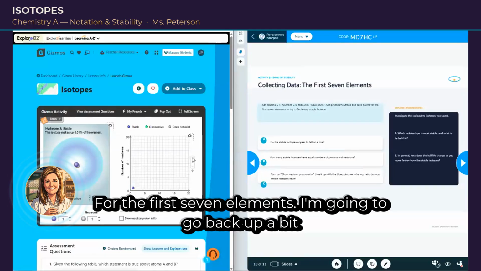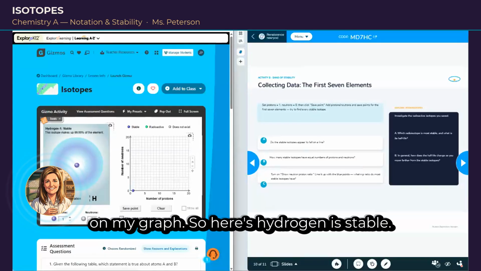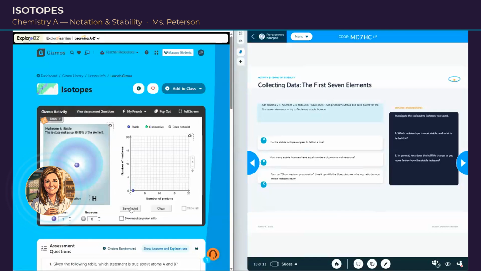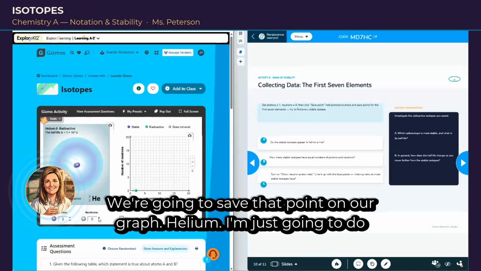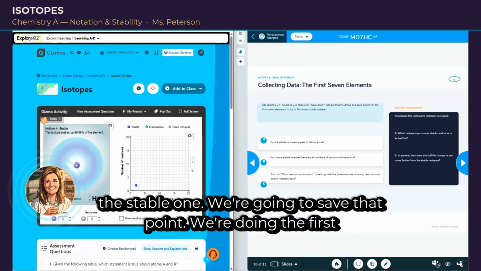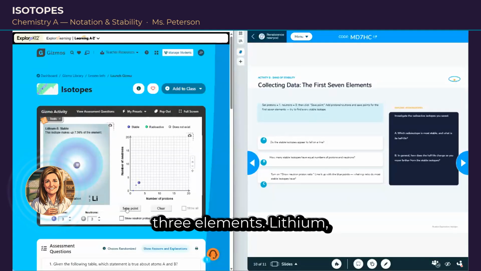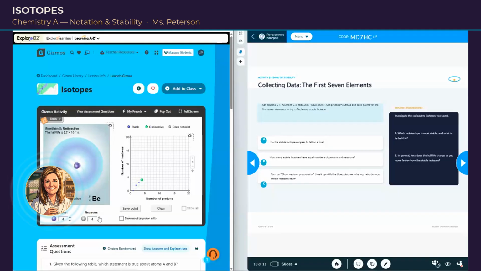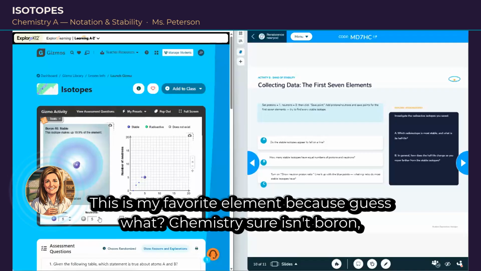I'm going to go back up a little bit on my graph. So here's hydrogen is stable. We're going to save that point on our graph. Helium, I'm just going to do the stable one. We're going to save that point. We're doing the first 3 elements. Lithium, beryllium, boron, this is my favorite element because guess what?